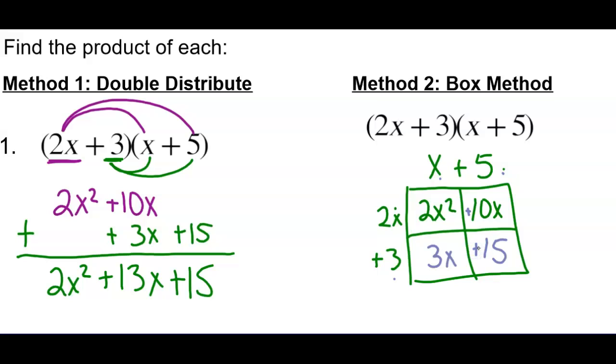Probably a good idea to put your plus signs in here so that you know your signs. And now you'll notice that anything on the diagonal in the box method is always going to be like terms. So we're going to add those together. It's kind of like this align and add over here, but here they're on the diagonal, so we add them together, and we still get the same answer.